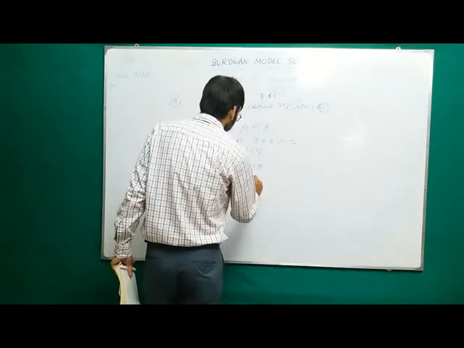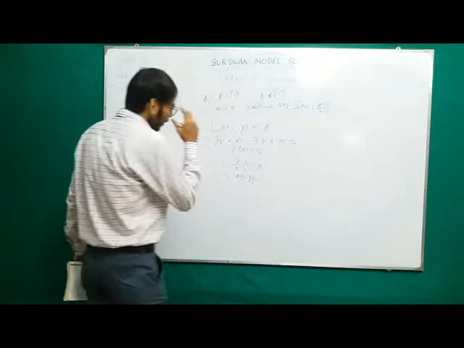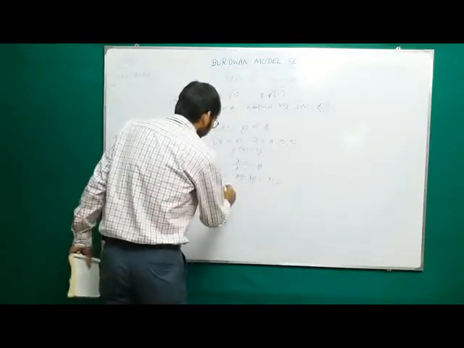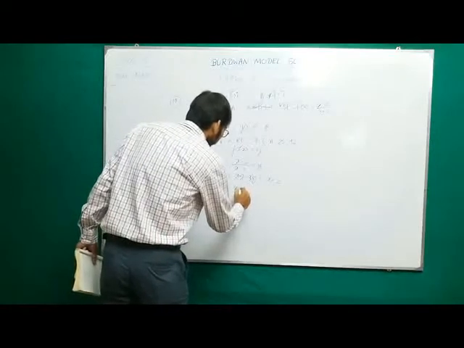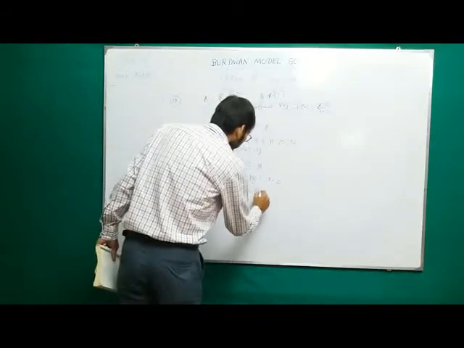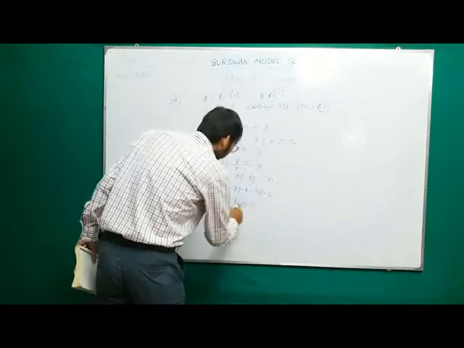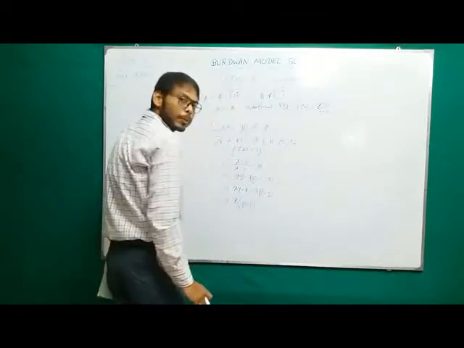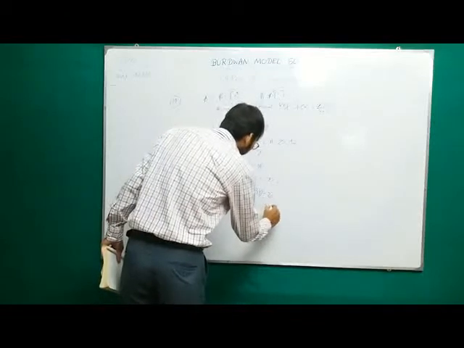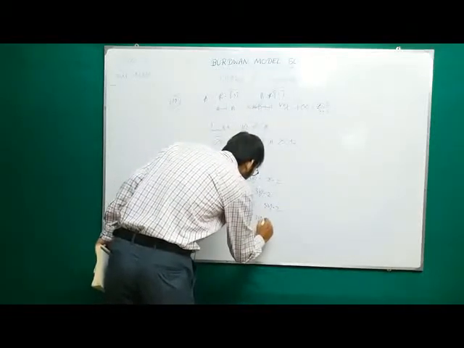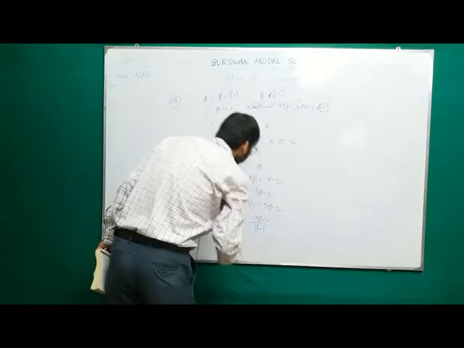By cross multiplication we get xy minus 3y equals x minus 2, that means xy minus x equals 3y minus 2. Taking x common, we get x times the bracket y minus 1 equals 3y minus 2, that means x equals 3y minus 2 by y minus 1.